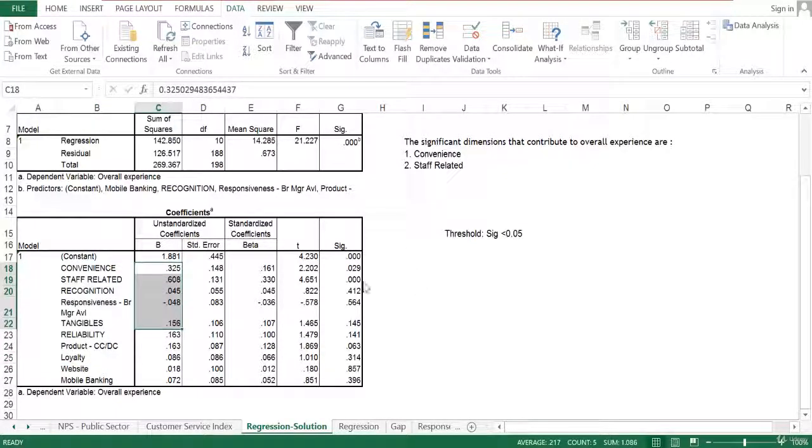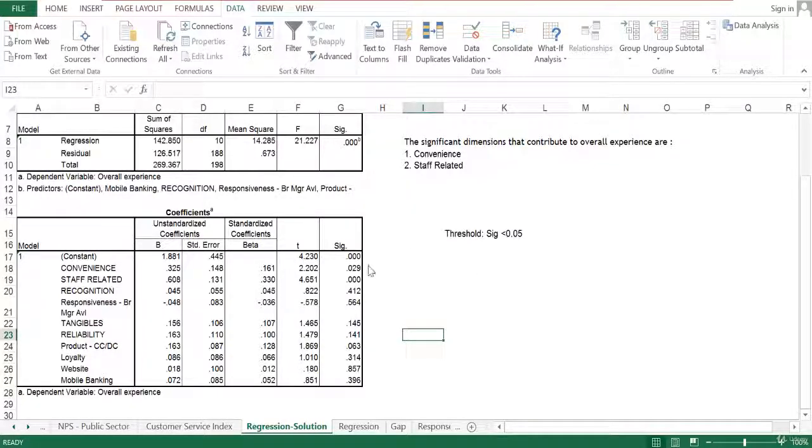For us, the next important thing which the analyst should look at is the significance value of these variables, because remember we started this exercise in order to come to a conclusion about which two or three variables among all these I should most target to improve my customer service index. The threshold significance level, as we discussed earlier, is 95%, and for that the significance level should be less than 0.05.